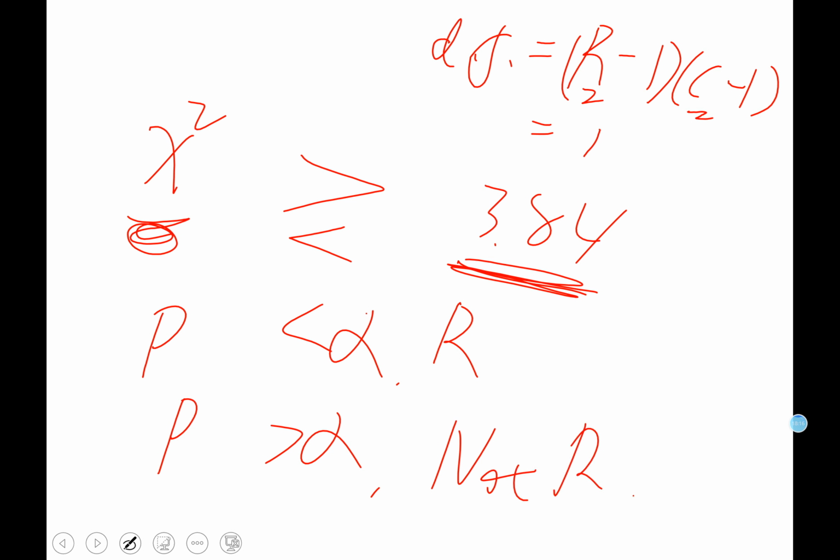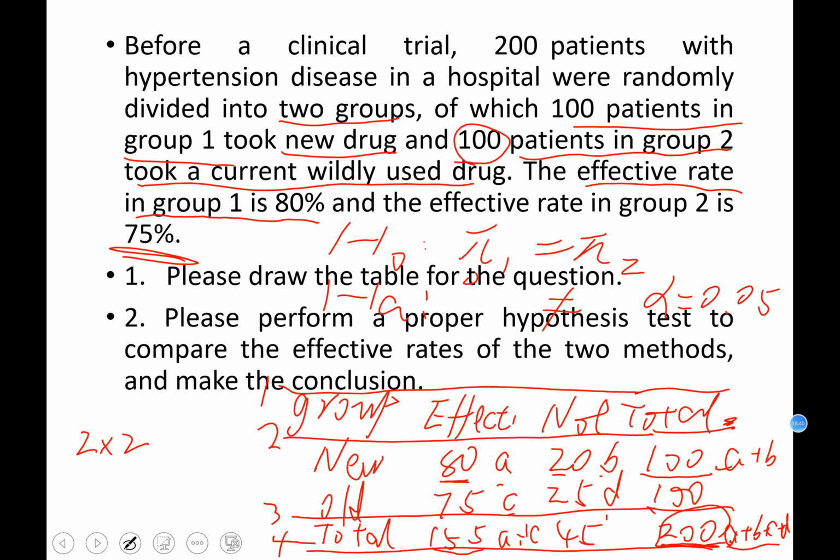So that is step 3. And the last thing is the conclusion. We have learned so many methods of hypothesis test, and I think you will know what the conclusion is for this question according to your results. Reject or not reject.